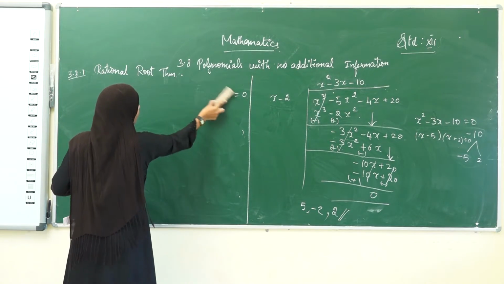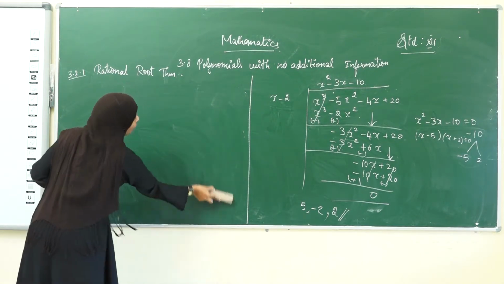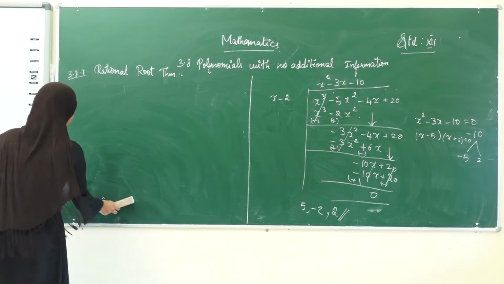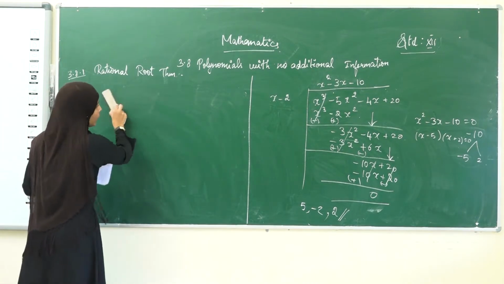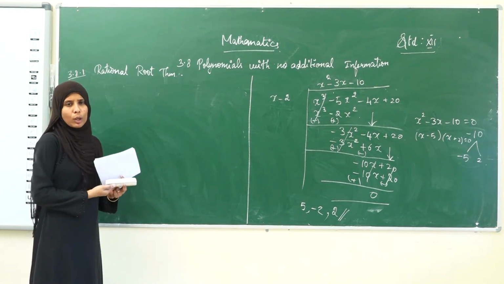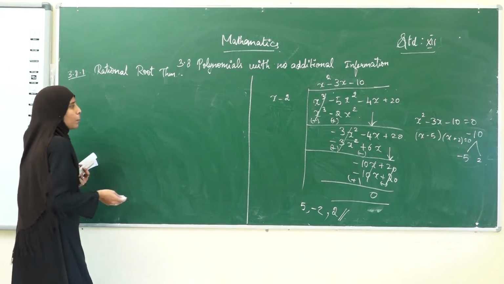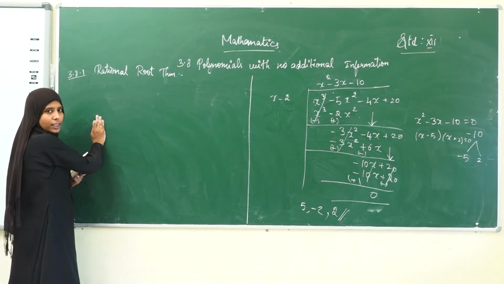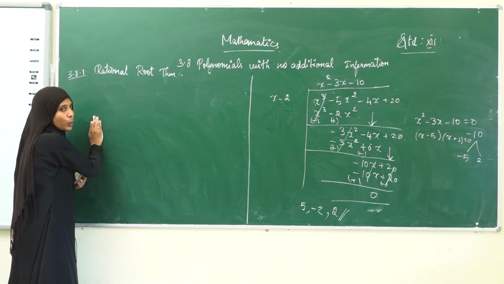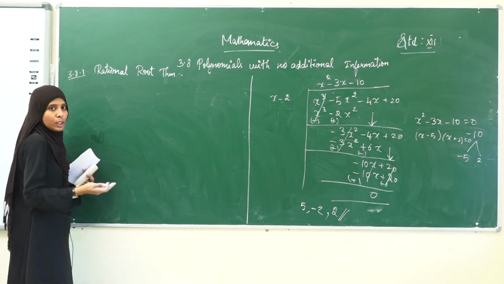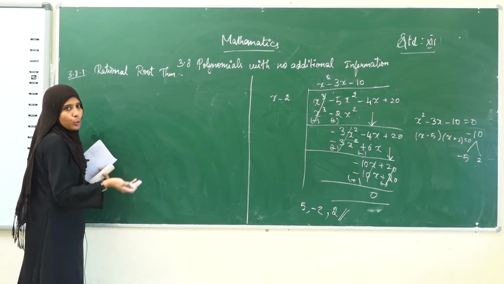We have seen an example. Is this possible for all polynomial equations? Now think about that, okay. Is this possible for all polynomial equations? Suppose here in these 2 examples we got 2 as one of the roots. So it made it very easy for finding the other 2 roots, okay.